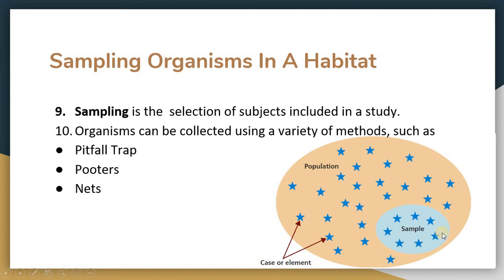That's why we call this process sampling. Organisms can be collected using a variety of methods, such as pitfall traps, pooters, and nets. These are a few methods that scientists use to collect samples in a habitat.